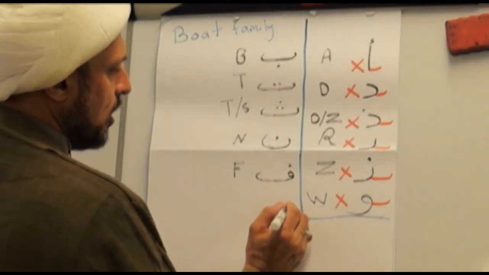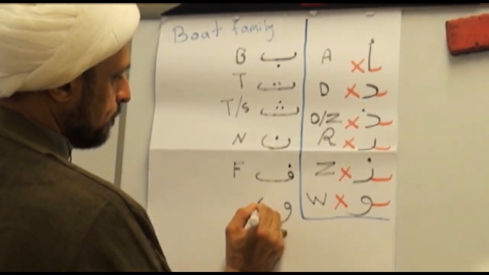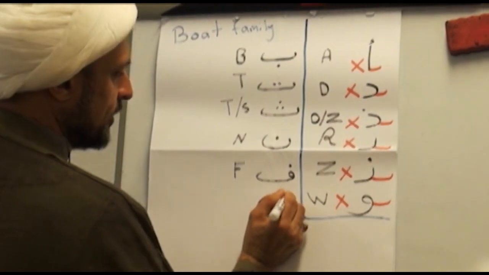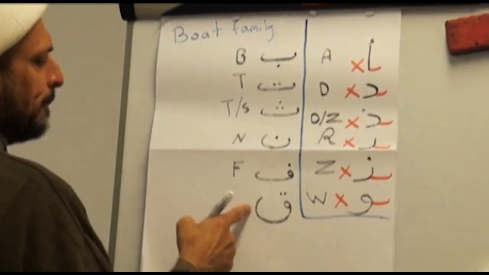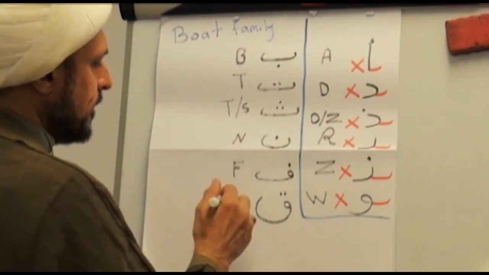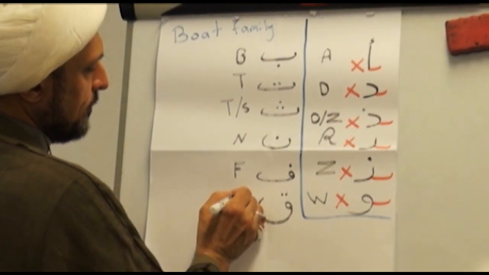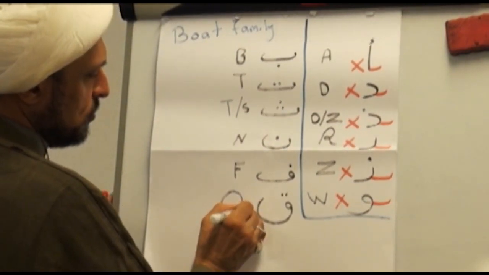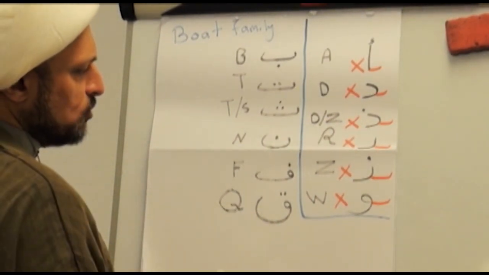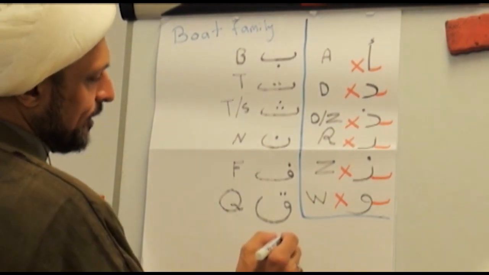And then we have qaf. It's like a boat as well. Qaf with two dots. The difference between fa and qa is like a crow, qa, and it's similar to Q. And then we have the kaf.